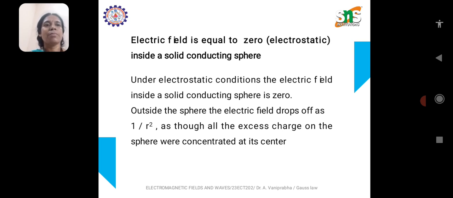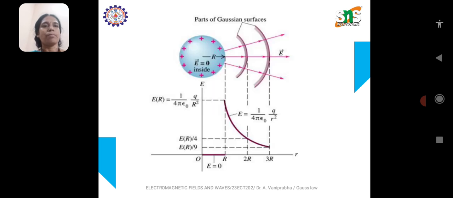Outside the sphere, the electric field drops off in the ratio of 1 by r square, as though all the excess charge on the sphere were concentrated at its center. So this is a simple diagram that represents the distribution of charges as it moves away from the origin.